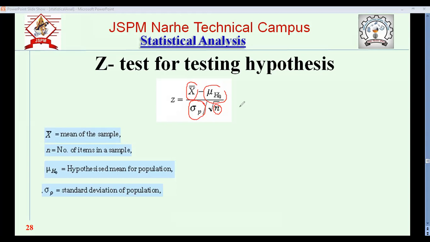Sometimes you may be interested in whether the sample is representing the population. In that case we can do this calculation. So mu H0 is the null hypothesis for the population.